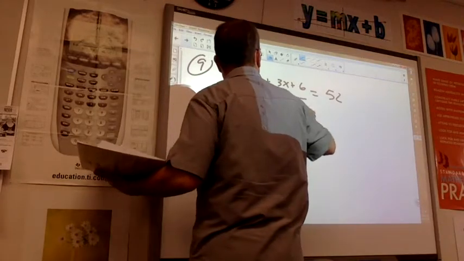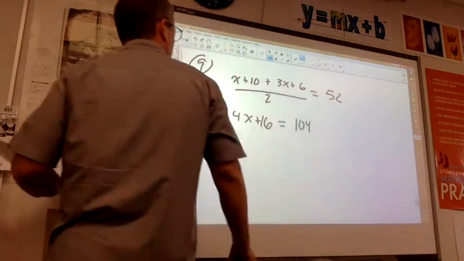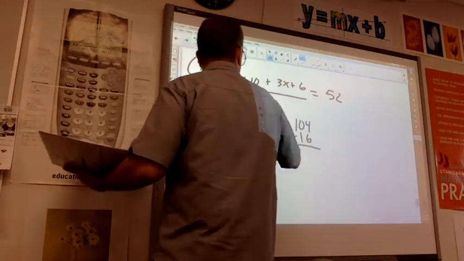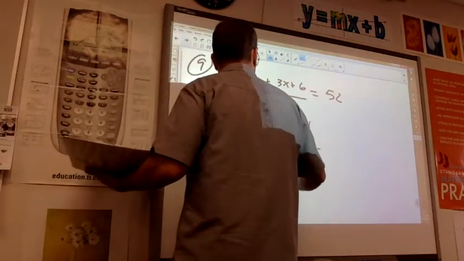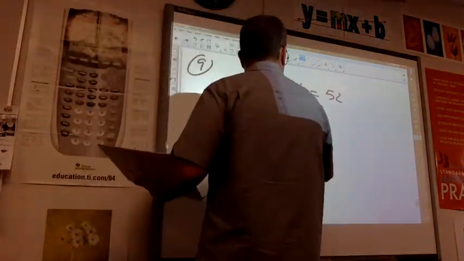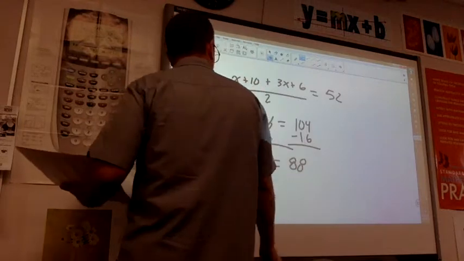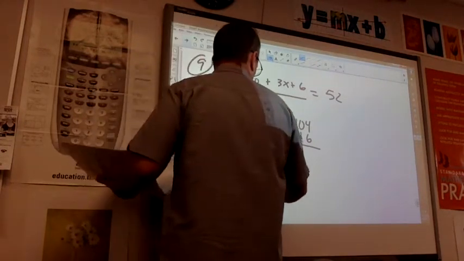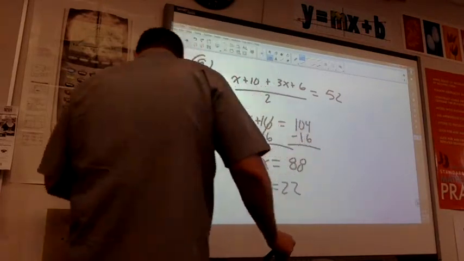Multiply that over here. I'm going to get 104 over there. Is that all right so far? Subtract 16. 4x is equal to 104 minus 16. 88. Is that right? Take your silence as yes. So x equals 22.